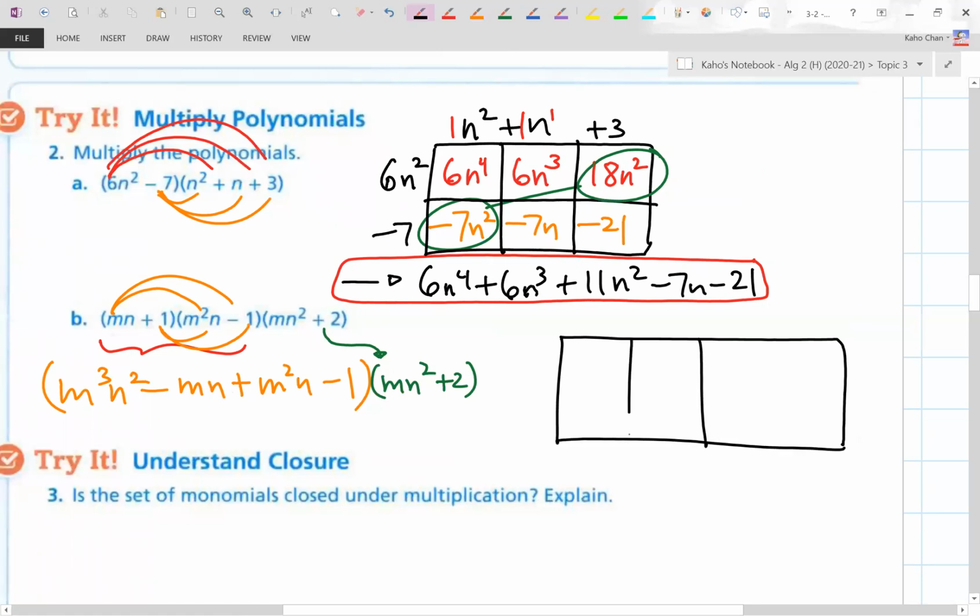Let's do that. Kind of like the last problem. Okay, here we go. Mn squared plus 2. And the 4-term polynomial is along the top edge.